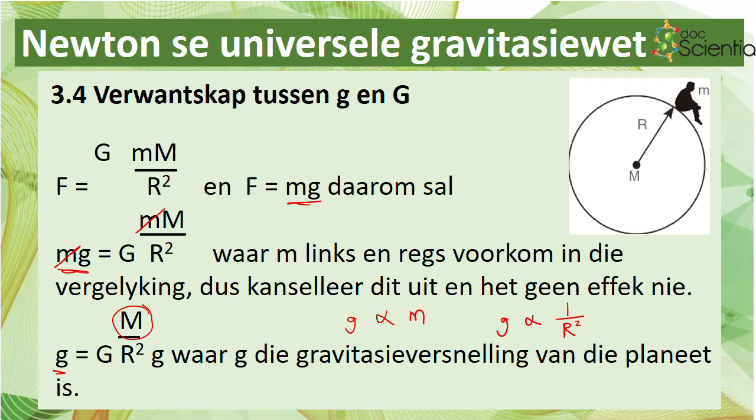Nee? Terwyl 'n planeet wat uit gas gemaak is, wat 'n groot ene is, maar hy's ligter, sal 'n baie laer gravitasieversnelling hê. Okay, and this is the other formula that we're going to use. This G is equal to capital letter G m over r squared.